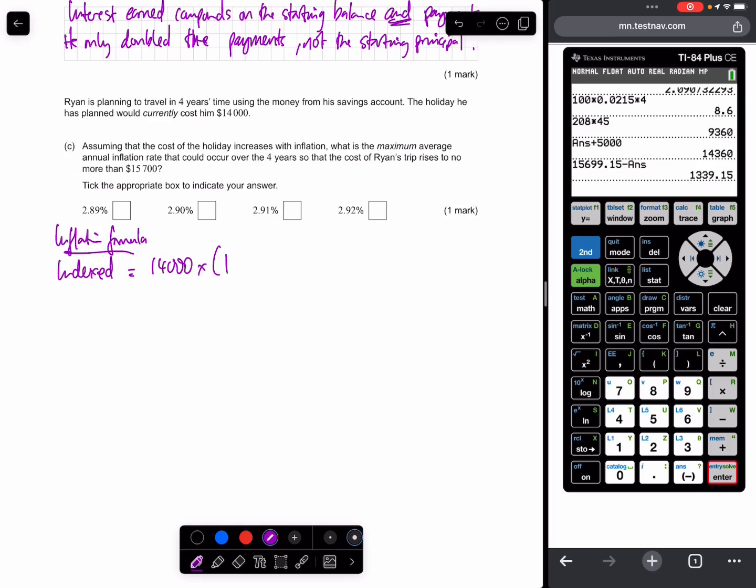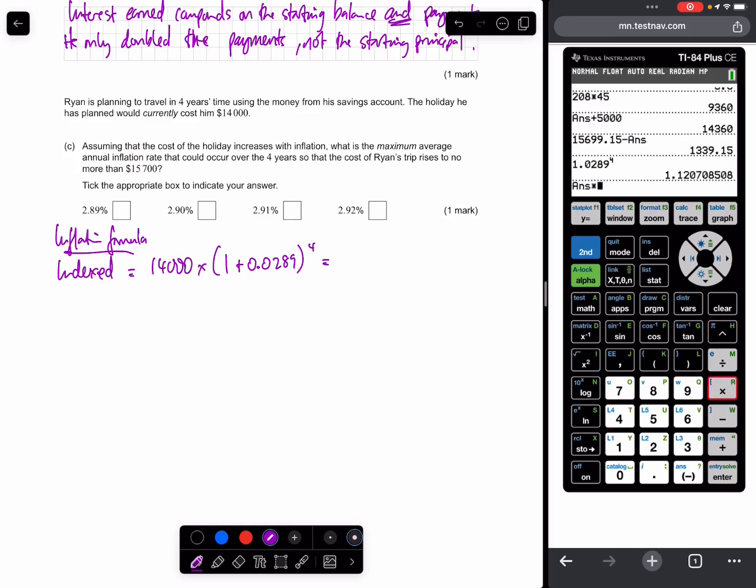Let's try all the rates. 1 plus 0.0289 to the power of 4: 1.0289 to the power of 4 times by 14,000 is $15,689.92 to 2 decimal places. That's below 15,700, so not the maximum just yet.